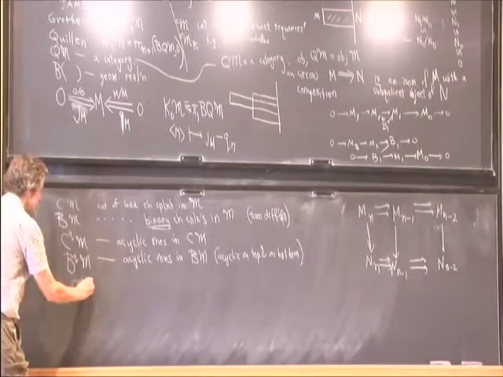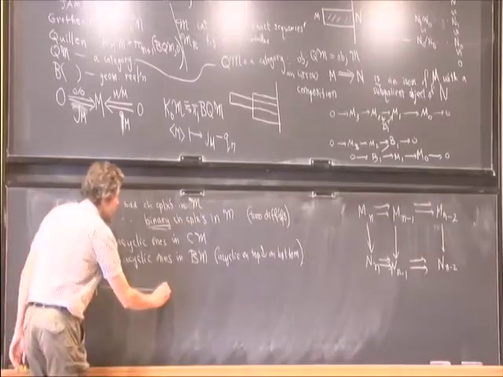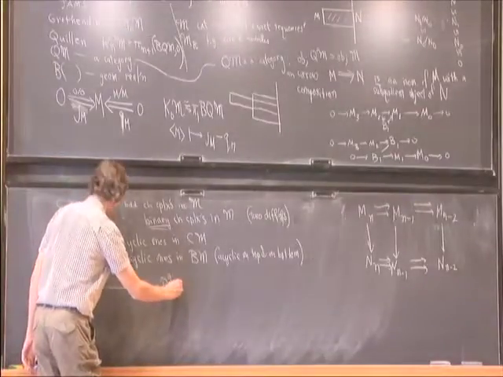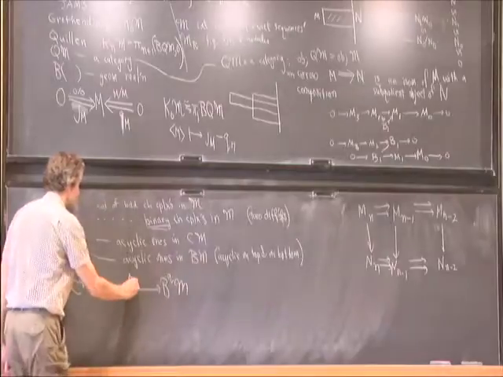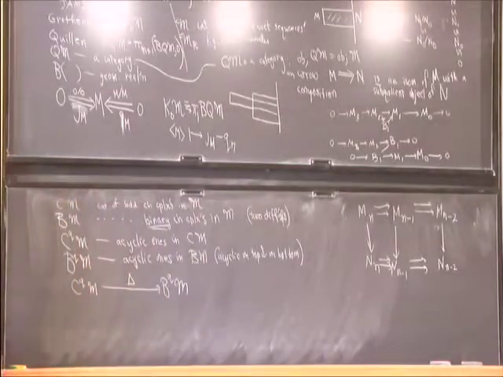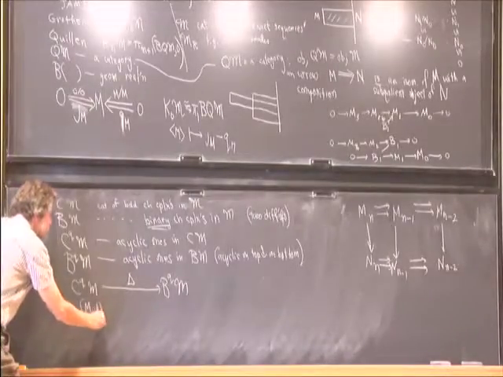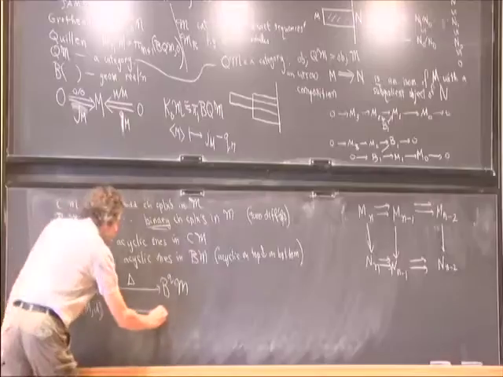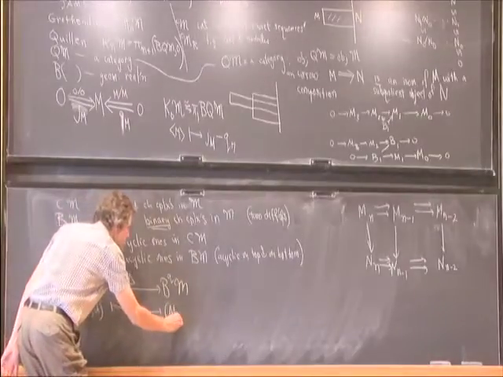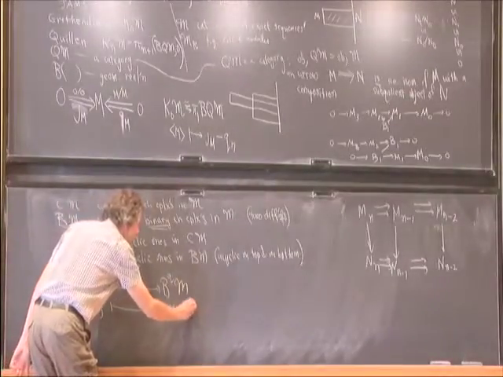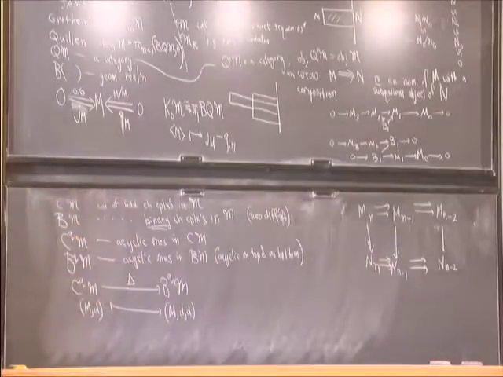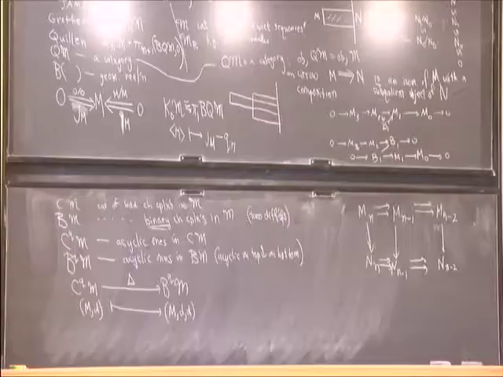There's a functor from CQ to BQ, sort of a diagonal functor, let's call it delta, which takes a graded object together with a differential and sends it to the graded object with 2 differentials where they're both the same as what you had before. Those correspond to the trivial ones.